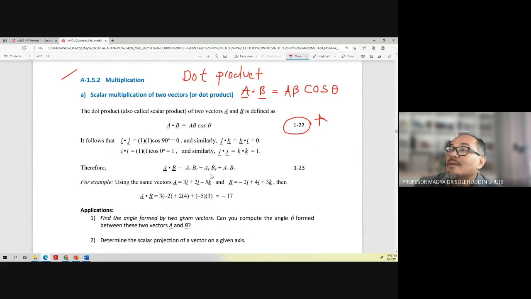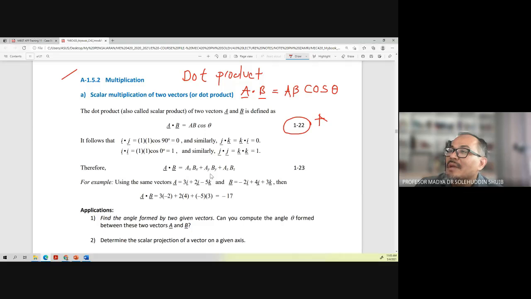This shows how we get the values of 0 and 1. Basically, they are using the dot product and relate it with this formula. For example, i dot j.